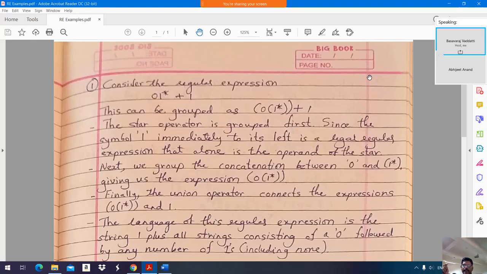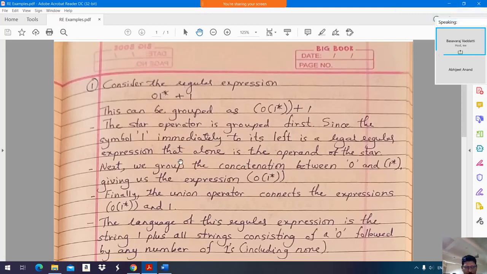Plus plus is a unary operator, and arithmetic addition plus is a binary operator. Similarly, not is a unary operator. Here also star is a unary operator that is applied to the immediate left-hand side regular expression, therefore 1 star.